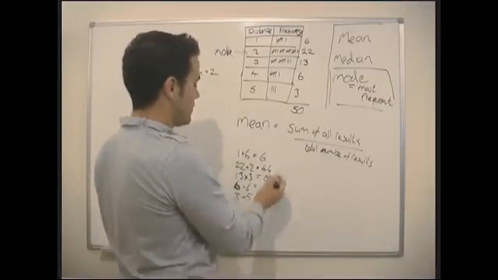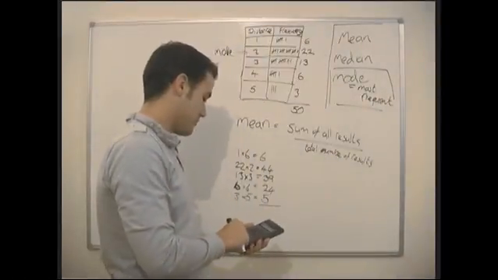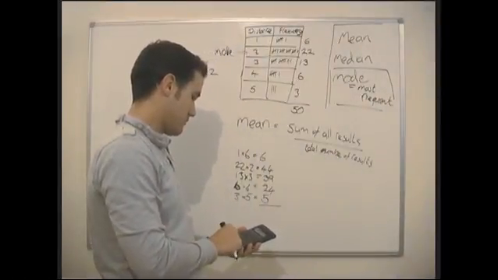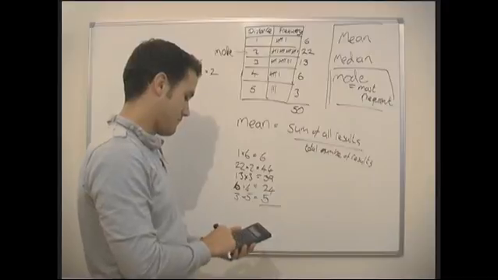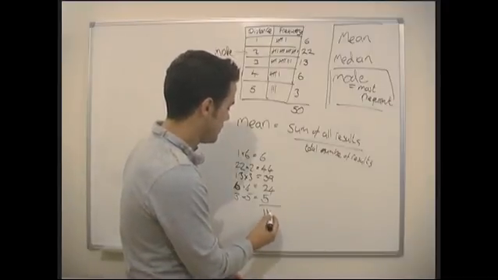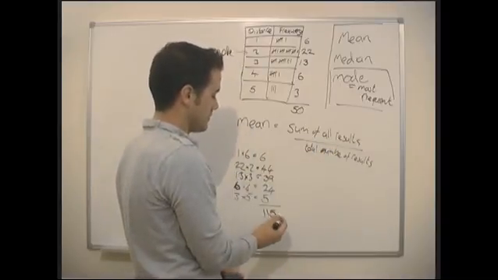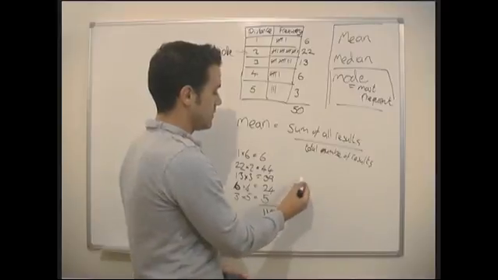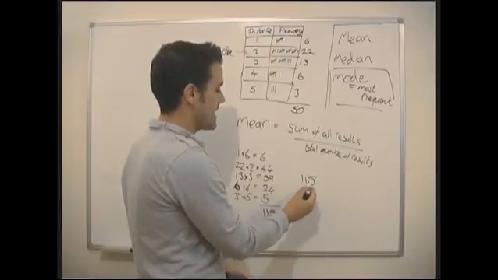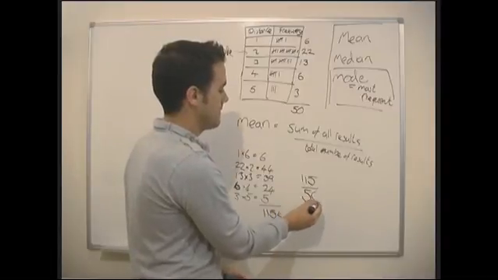So I then need to add all of these together. You might get this in a calculator paper, it might be in a non-calculator paper, but whichever one it is, that's what you have to do. So in this case, the total is 115. So that's the sum of all our results, 115. So I have to divide that by how many people there were, so divided by 50.